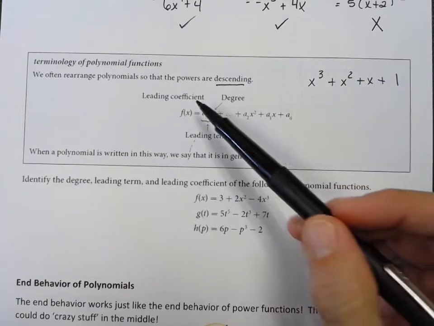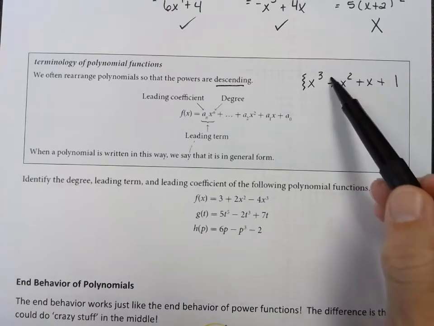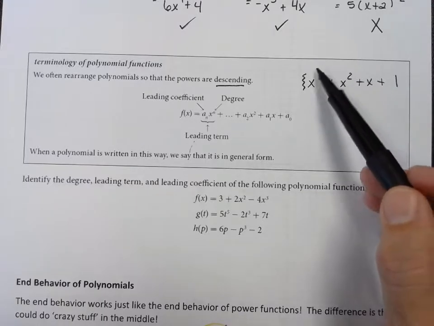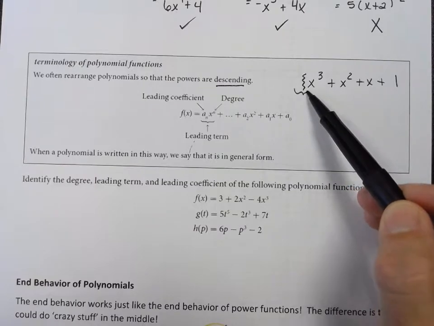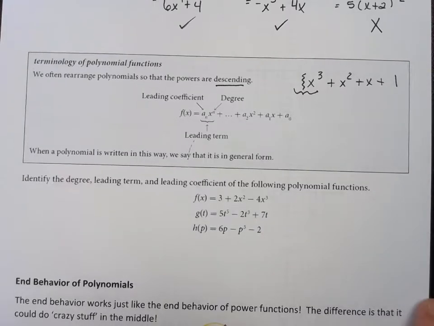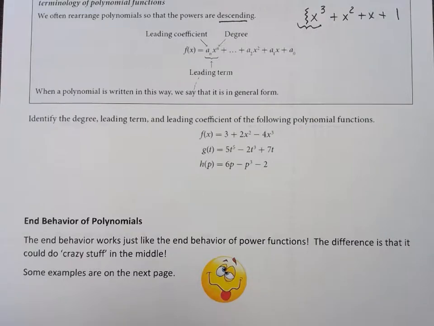Your leading coefficient is the number in the front of your highest exponent. Okay, the degree of your polynomial is that highest exponent, and that whole first term is called your leading term. So in the following examples, we want to identify the degree, the leading term, and the leading coefficient.